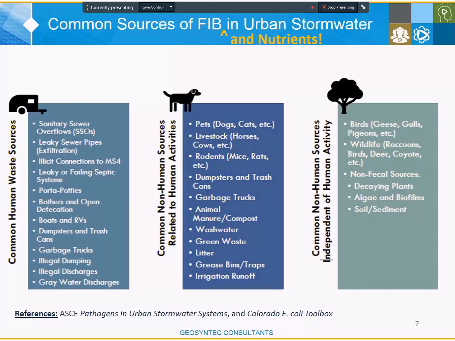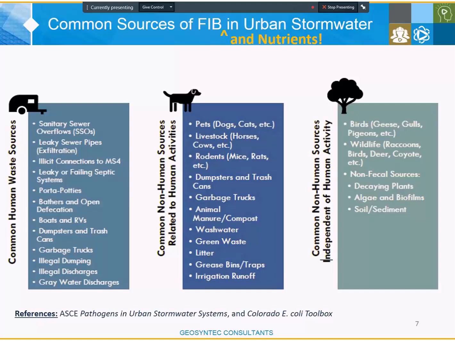We typically bracket or categorize sources of indicator bacteria and pathogens into three categories based on their risk and controllability. First category is human waste sources, like sanitary sewer overflows, leaking sewer pipes, illicit connections. Those that are anthropogenic in nature but non-human fecal, things like pets and livestock, rodents, and then the dumpster waste and trash cans, excluding the diaper side of that.